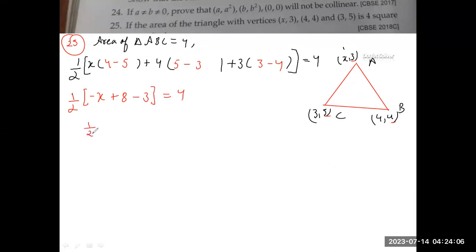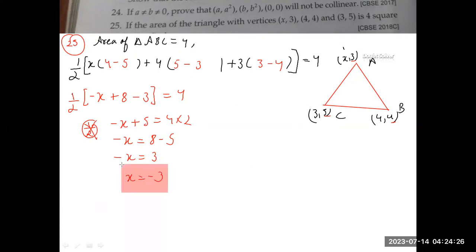So 1 by 2, I'm taking this across by cross multiplication. Eliminating from here, it would be negative 8, positive 5 equal to 4 times 2. So negative x equals 8 minus 5, negative x equals 3. Now I can multiply by negative 1 on both sides. So x is negative 3.